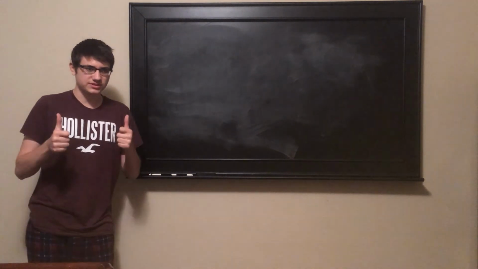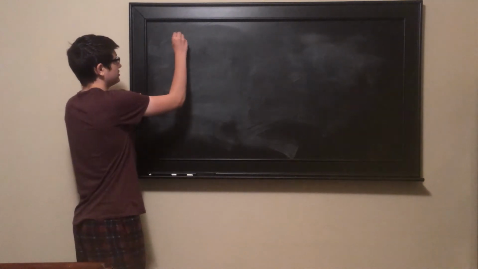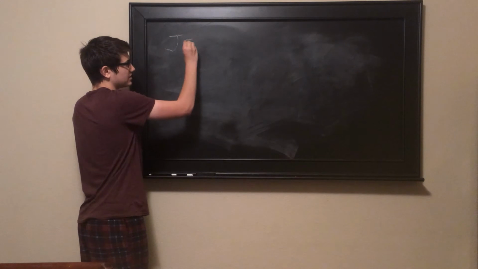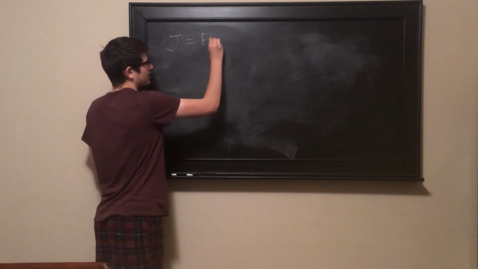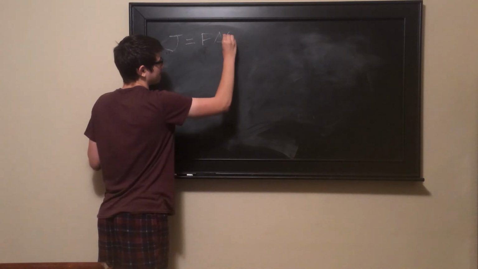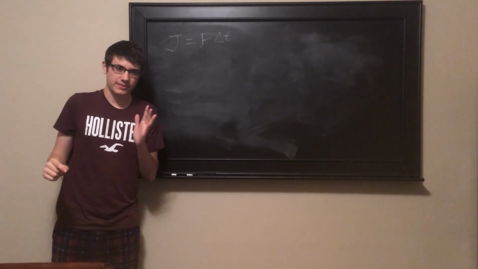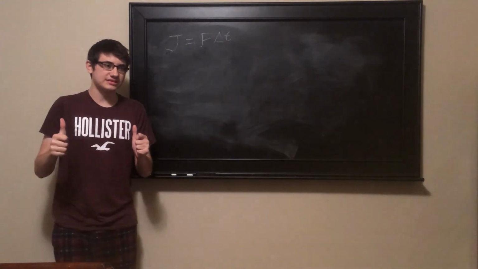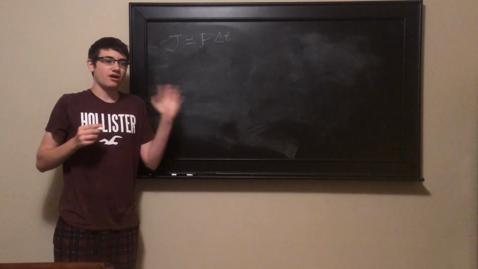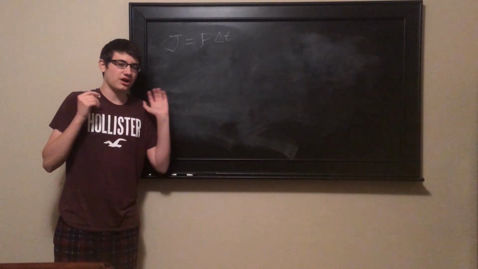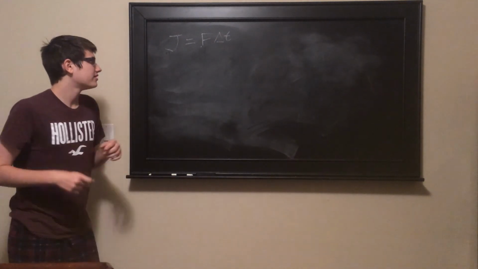This can be shown through the formula for impulse, which is J equals, and the J is impulse, J equals the net force times the change in time. Force does not change whenever somebody gets in a car accident due to an airbag. All the airbag does is increase the time, which changes the impulse, which is the change in momentum, causing it to not hurt the person as much and save the person's life.